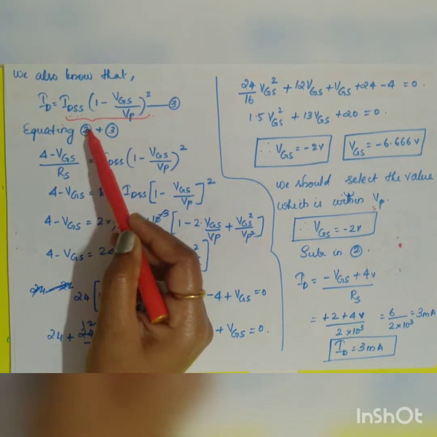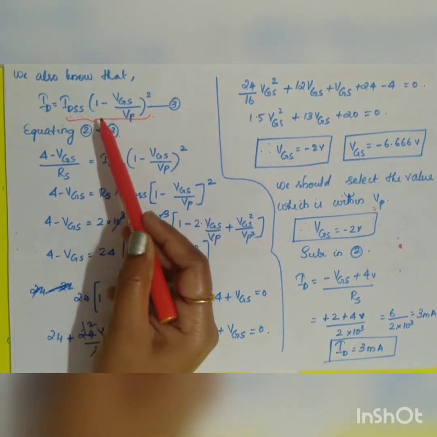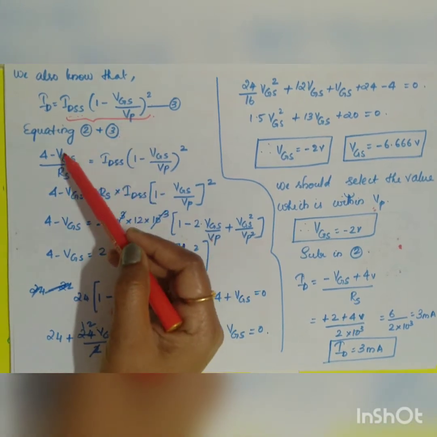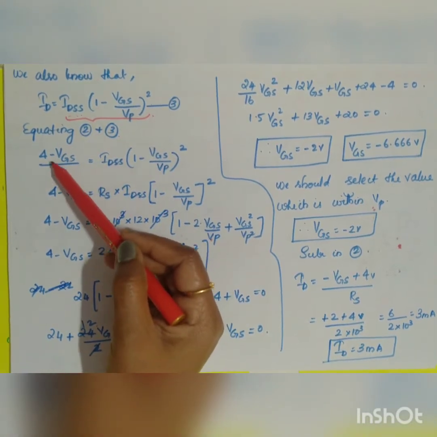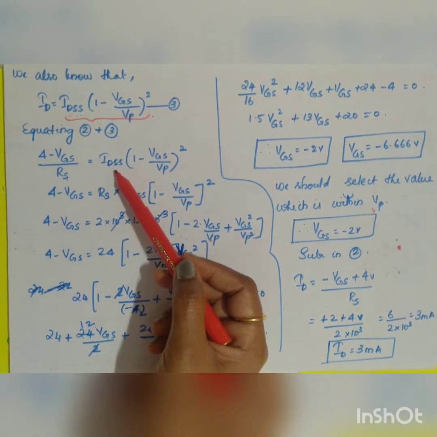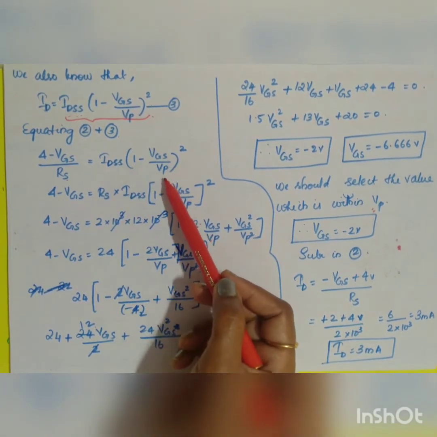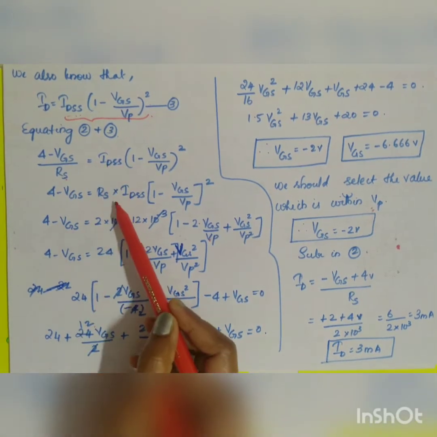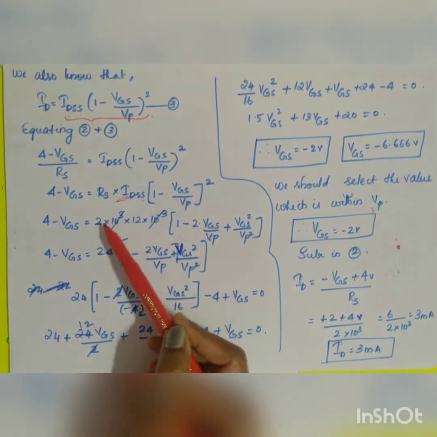Now can we equate equation 2 and 3, because both the left hand sides are the same, right? So if we equate both the right hand sides, 4 minus VGS divided by RS is equal to IDSS into 1 minus VGS divided by VP. So just reconfigure this, take this RS towards this side, that is the step which is given here.